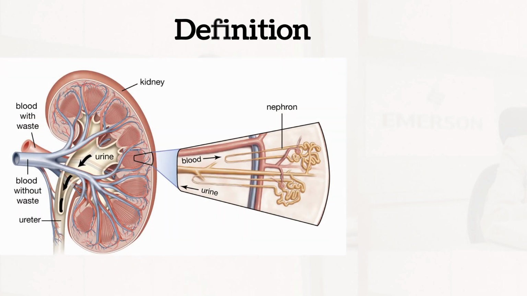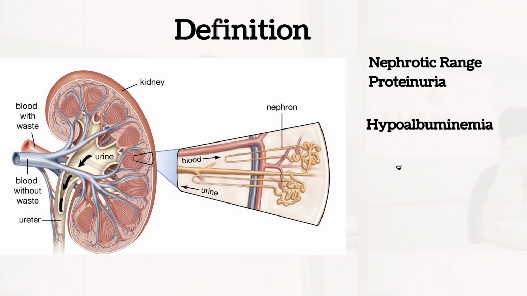This is just a manifestation of a glomerular disease, which is characterized by nephrotic-range proteinuria and a triad of clinical findings that are associated with large urinary losses of proteins. In short, those things are hypoalbuminemia, edema, and hyperlipidemia.